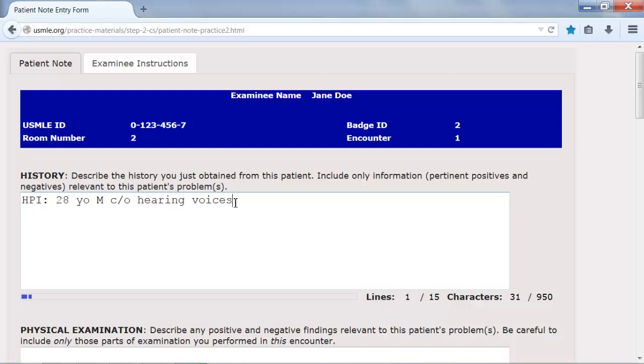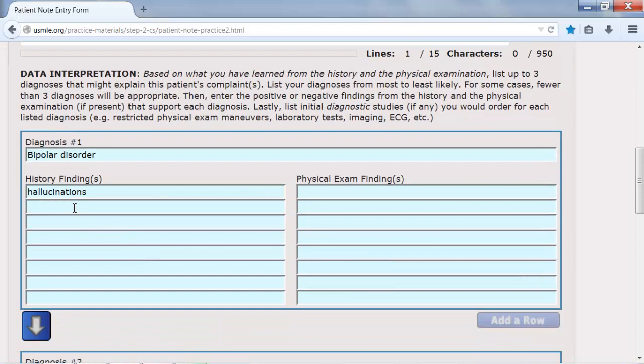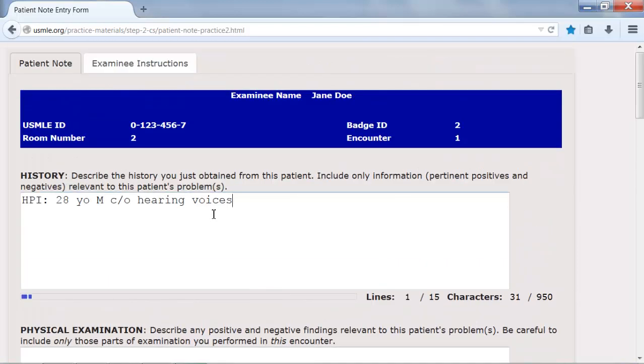When you put your findings in support for your diagnosis, you have to use medical terms instead of what the patient tells you. That's why instead of hearing voices, we write hallucinations. You can specify as auditory hallucinations.